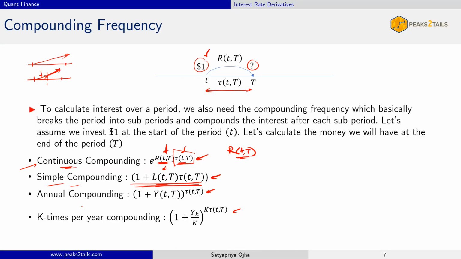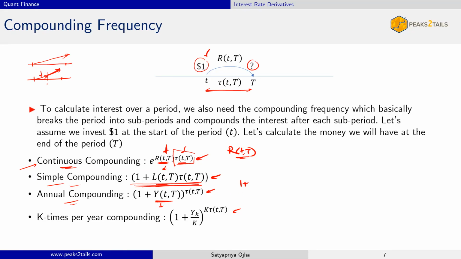Similarly, you go to annual compounding. Basically you compound after every 1 year. You break the interval in terms of years, and at the end of each year, whatever money you have, in the next period you earn interest on top of that. In annual compounding, the notation I'm using is Y. This is probably very easy to understand.